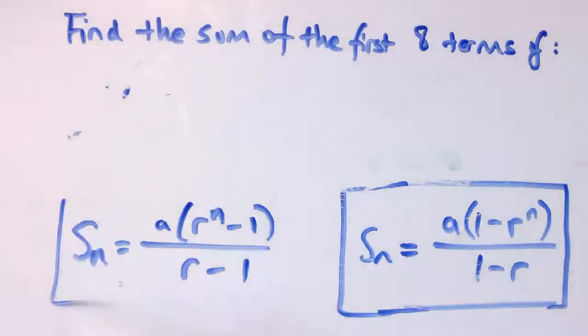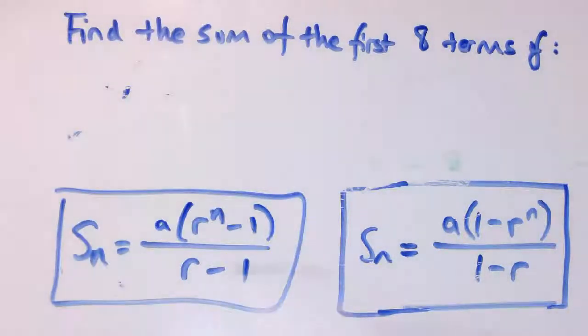If that's confusing, don't worry too much. These will always evaluate to exactly the same number for the same values of a, r, and n. But using it this way around, if you've got r bigger than 1, they come out as positive. They're just as good as each other. If we had a sequence where r is less than 1, these ones would come out negative and these ones would come out positive. So choose whichever one you want.